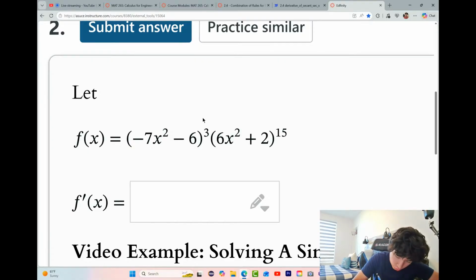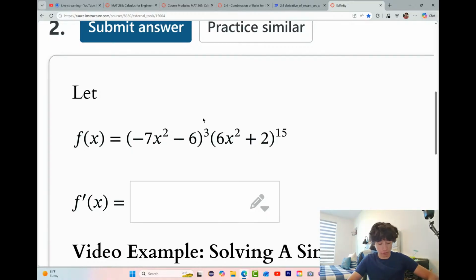If y equals, so this is y1, this is y2, y2 equals 6x to the power of 2 plus 2, all of that to the power of 15. y2 prime is going to be 12x times 15, 6x squared plus 2 to the power of 14. There we go. I'm not going to simplify that.